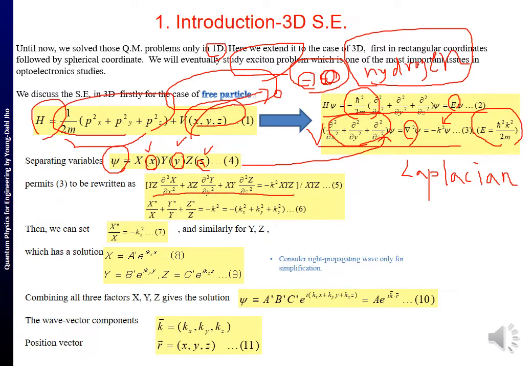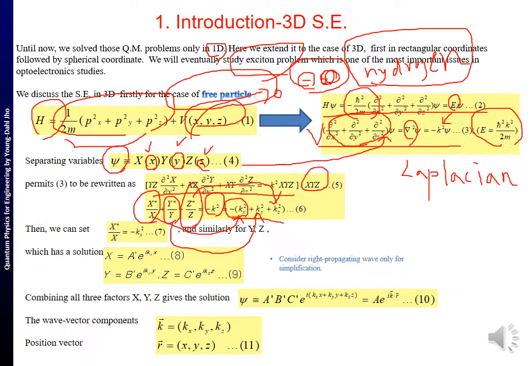Then we divide both sides by X, Y, Z. Then we get X double prime over X plus Y double prime over Y plus Z double prime over Z is equal to minus k squared. K squared is formed by kx squared plus ky squared plus kz squared. So we set this x-dependent part to be the same as minus kx squared. Likewise, the y-dependent part will be minus ky squared, and the z-dependent part will be minus kz squared.